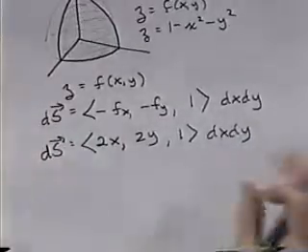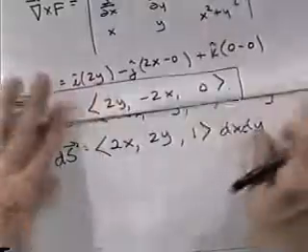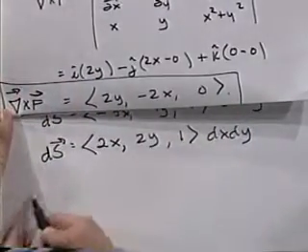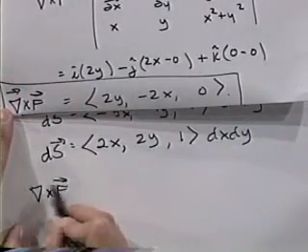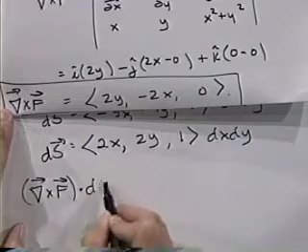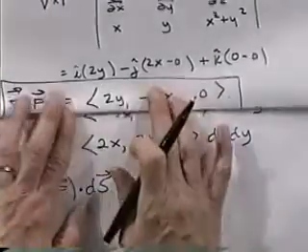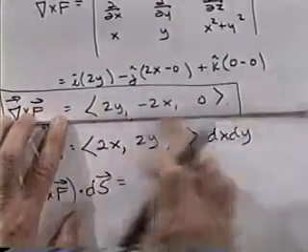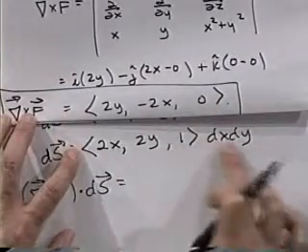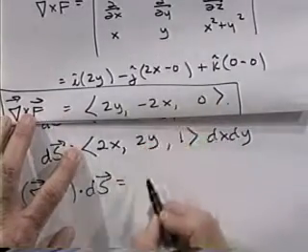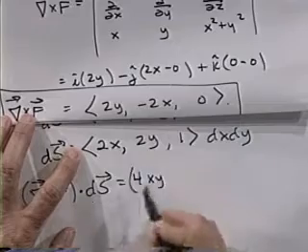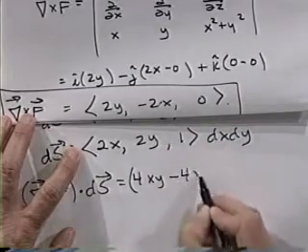So when we want to put together the curl of f dotted with ds, we're taking the dot product of this vector with this vector, with dx dy at the end. When you go this times this, you get 4xy. That times that, minus 4xy.